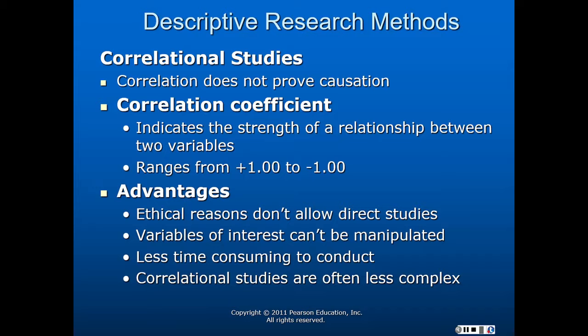You'll also find that correlational studies, as noted by researchers, are often less complex. So teams really enjoy that particular advantage. So remember, correlational studies fall under a predictive hypothesis.